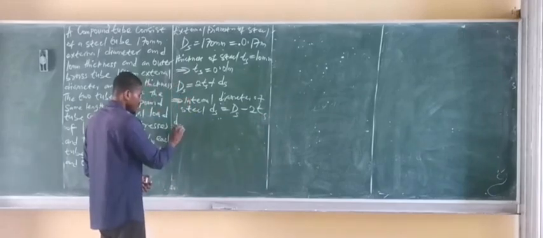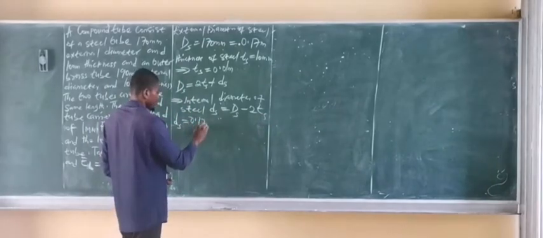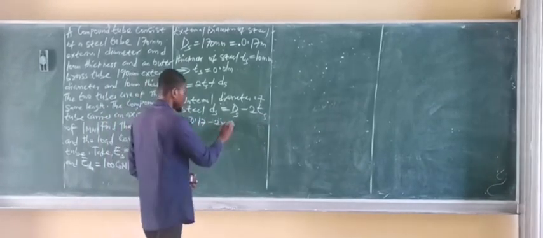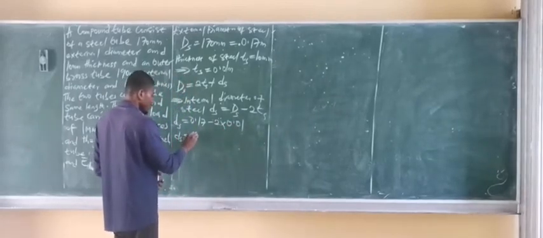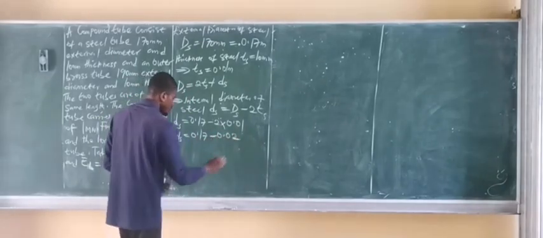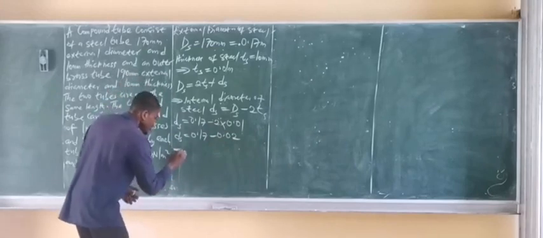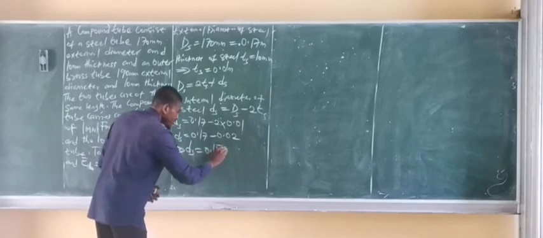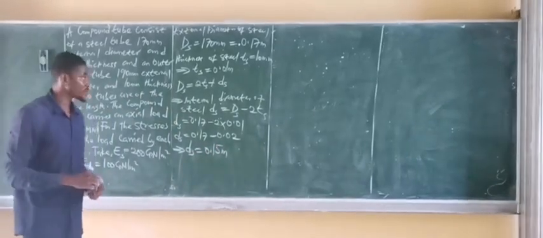External diameter was given as 0.17 minus 2 times thickness, given as 0.01. So ds is 0.17 minus 0.02, that should be 0.15. Which implies that the internal diameter of the steel is 0.15 meters.